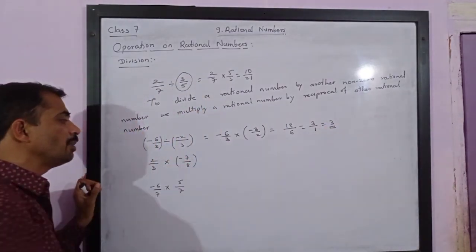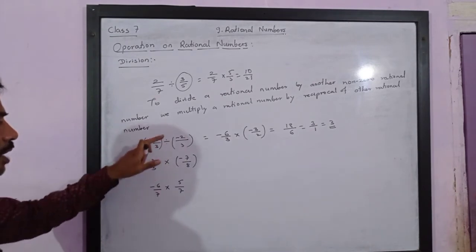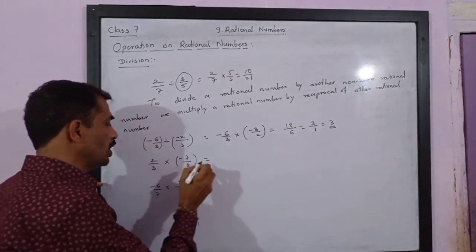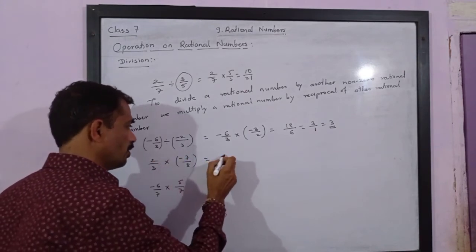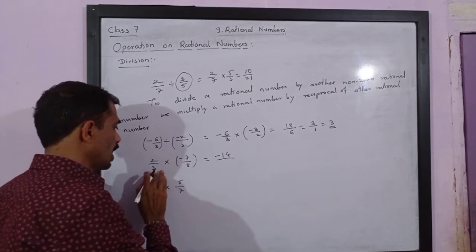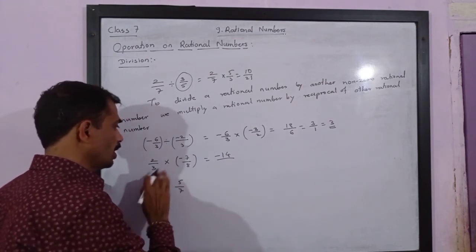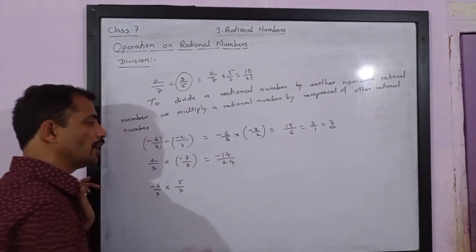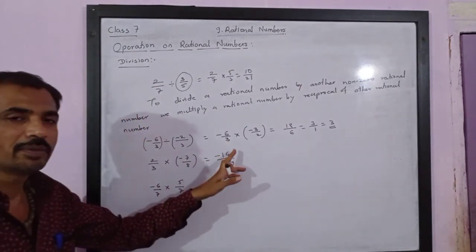Now, next is multiplication. Please don't get confused with division and multiplication. This is multiplication. So, while multiplying, we multiply only numerator into numerator. So, this is equal to 7 2s are 14 with negative sign and 8 3s are 24. Please note, again, both of these numbers are reducible by 2.